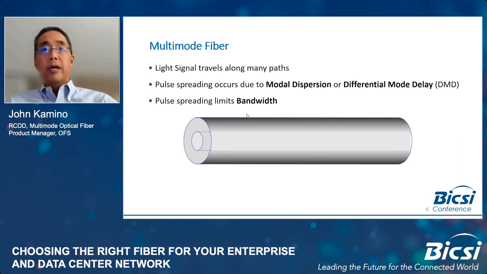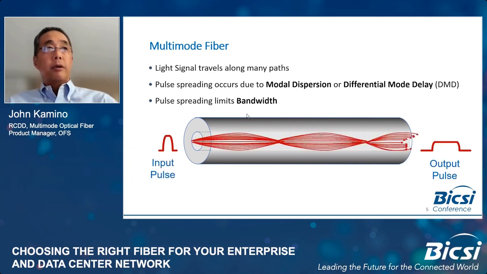Multimode fiber, on the other hand, allows light to travel along many different paths or many different modes, hence the name. In a multimode fiber, you are going to get some pulse spreading due to these modes traveling at different rates of speed through different parts of the fiber.